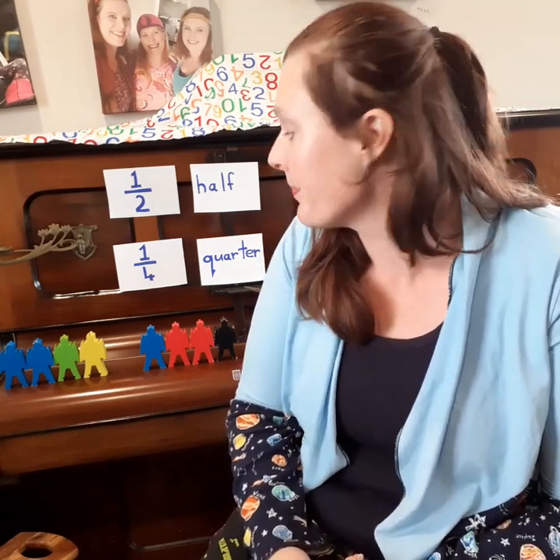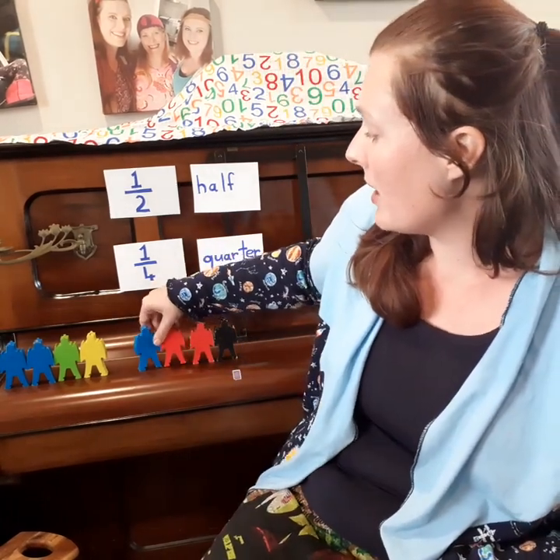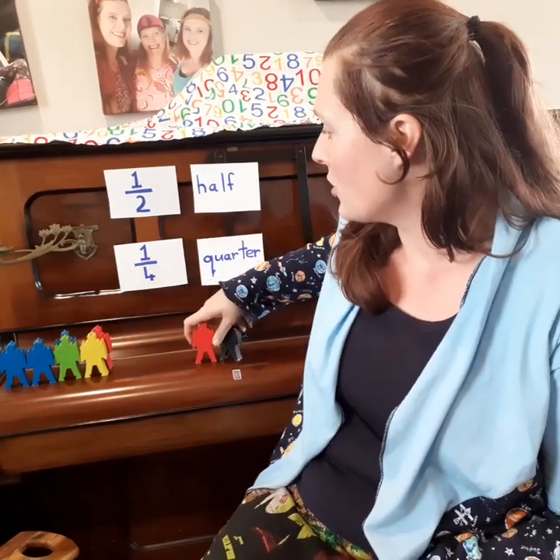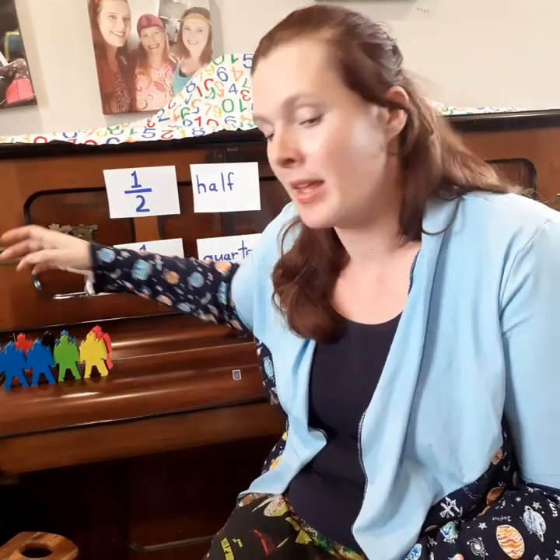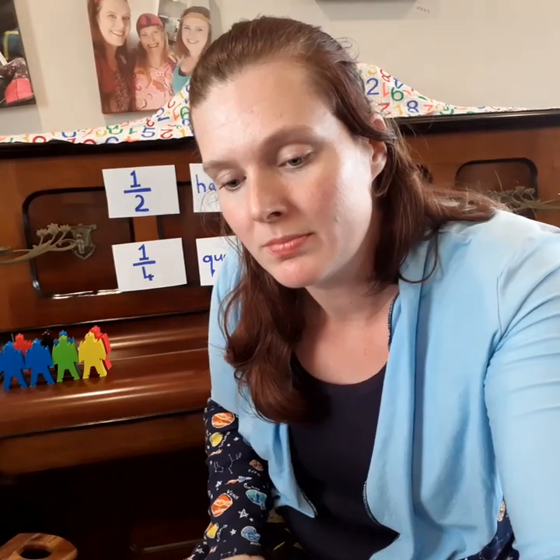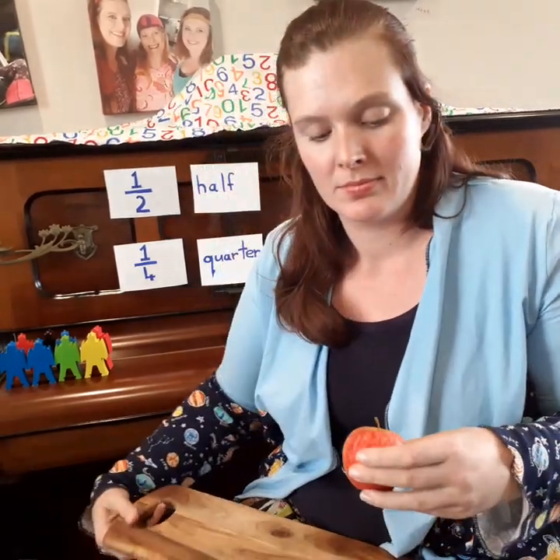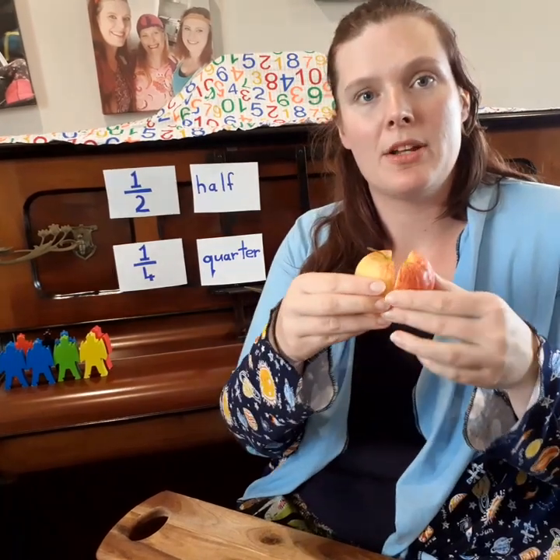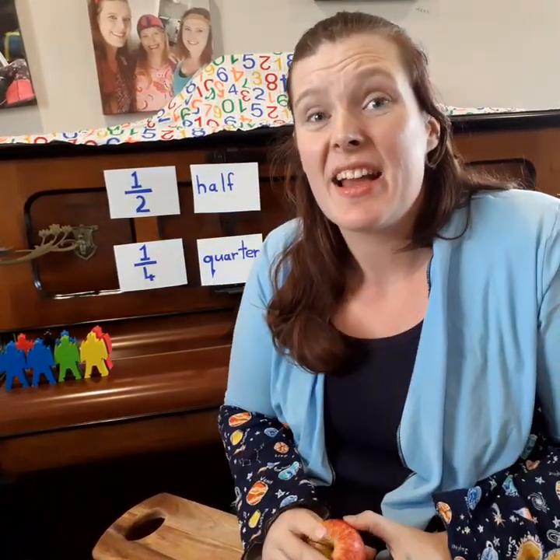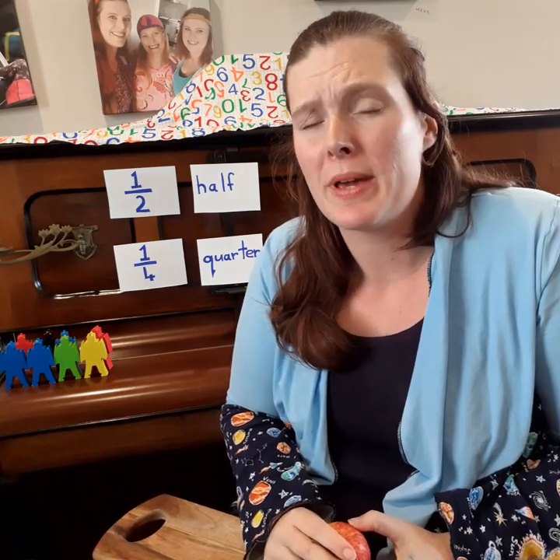You're very right. So I'm going to put all of my toys back together in one group. I'm going to come back to my apple. So I've already split my apple into 2 equal pieces. I now need to make it into 4 pieces.